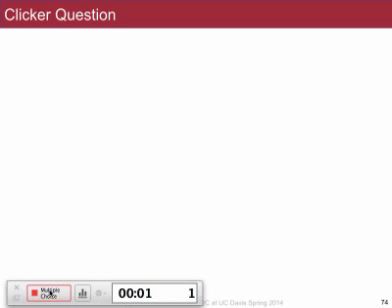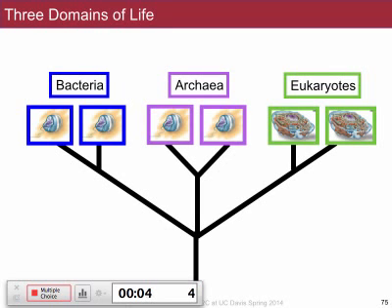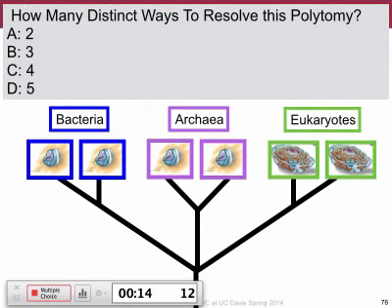All right. So given this tree, the three-domain tree, where we have a polytomy in the tree, how many different ways are there to resolve this tree?